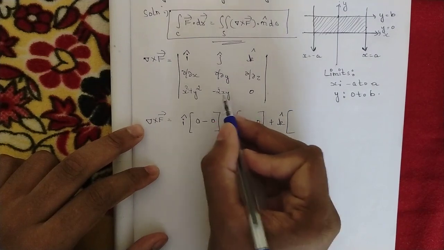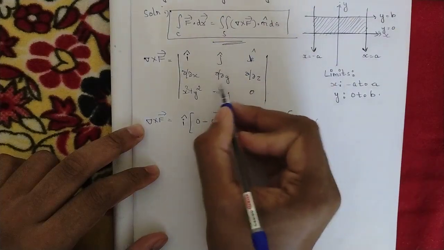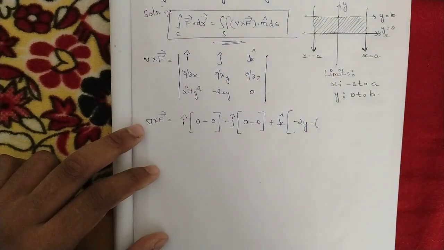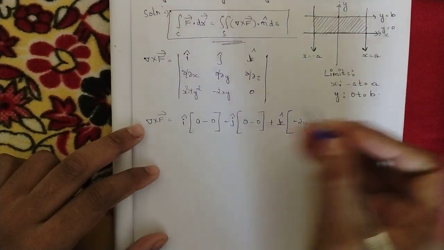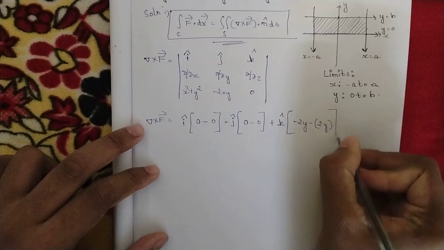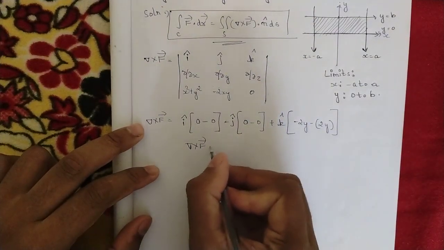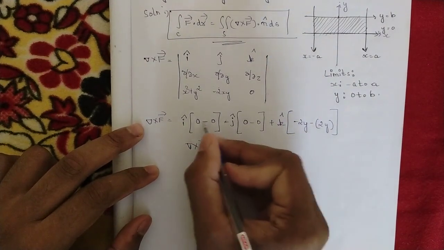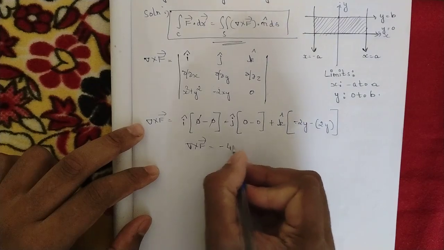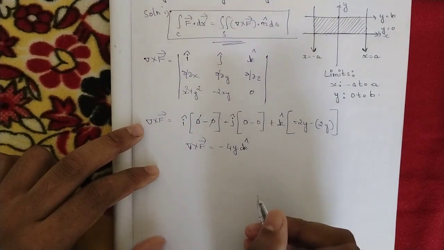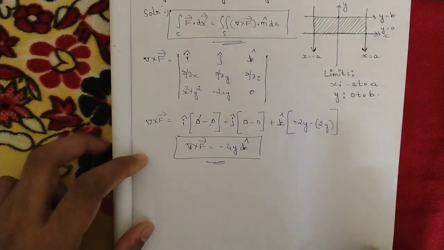Minus 2y is constant, differentiation of x is 1, so minus 2y remains, minus dou by dou y of x square plus y square. The x square is constant with respect to y, so it is cancelled, and differentiation of y square is 2y. Okay, so we get our answer: del cross F is equal to 0 i cap, the j cap term goes, and minus 2y minus 2y is minus 4y k cap, right? So this is the curl of F vector we have found.